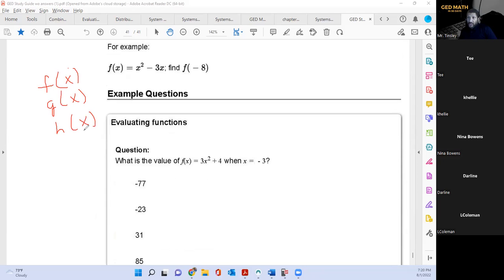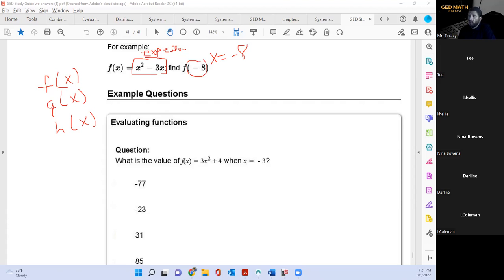This term in the middle, this x, tells you the variable. That's the input. So when you see f of x is equal to x squared minus 3x, that's the expression. When you see f in parentheses and you see a number there, what this is telling you is that x is -8.